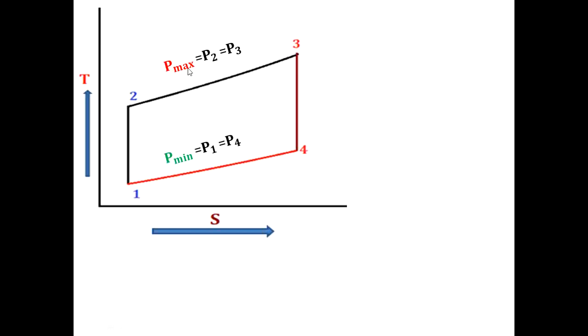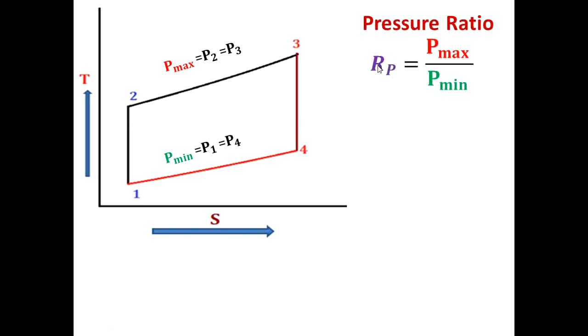Maximum pressure P2 is equal to P3. This is the constant pressure line, where P1 is equal to P4, but the temperature will vary according to the pressure ratio. Pressure ratio Rp is equal to maximum to minimum pressure.